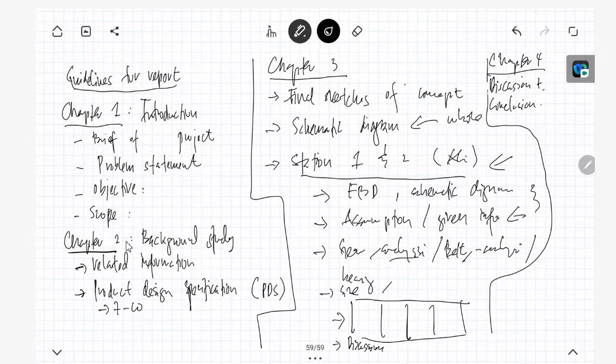In order to run your machine, you need quite a big V belt and gears. So how are you going to improve? Make any suggestions in your discussion and conclusion. This is a group part. Discussion and conclusion is a group. So only the individual contribution is in your chapter 3. Okay, understand?